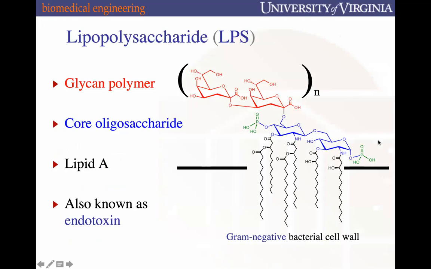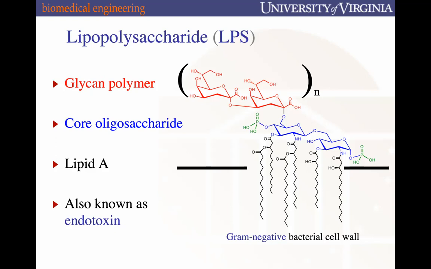So LPS, lipopolysaccharide, is the ligand for TLR4. It has this glycan polymer at the top with a core oligosaccharide and these lipid A tails embedded in the cell wall. And this lipopolysaccharide, or LPS, is also referred to as endotoxin.